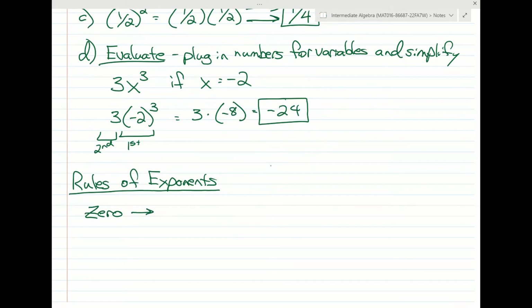And this just means anything to the 0 power is 1. Next is called the power property. Whenever you have a number to a power to another power, you multiply those.